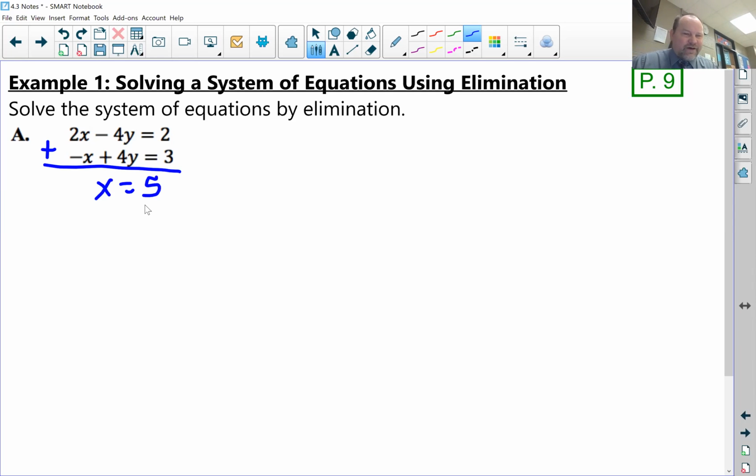Now I can take that 5 and I can plug it into either equation to figure out what y is. I'm going to choose the second equation. So I have negative 5 plus 4y equals 3.